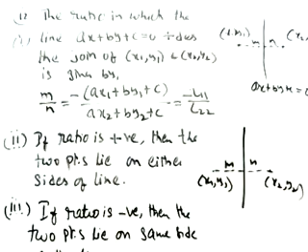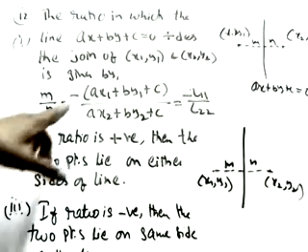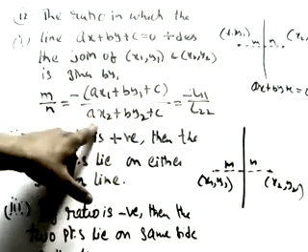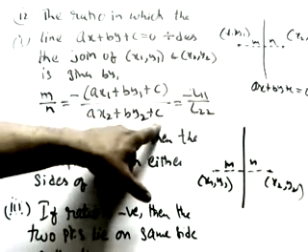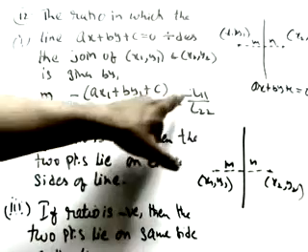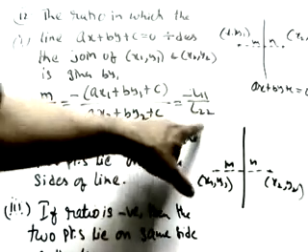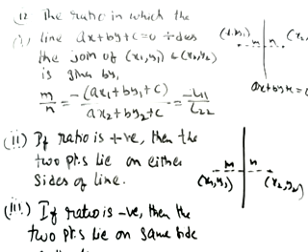The ratio is given by m by n equals minus of (a x1 plus b y1 plus c) by (a x2 plus b y2 plus c). This can be written in symbol form as minus of L11 by L22.